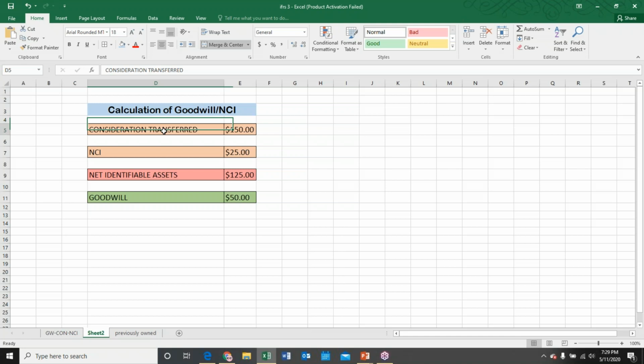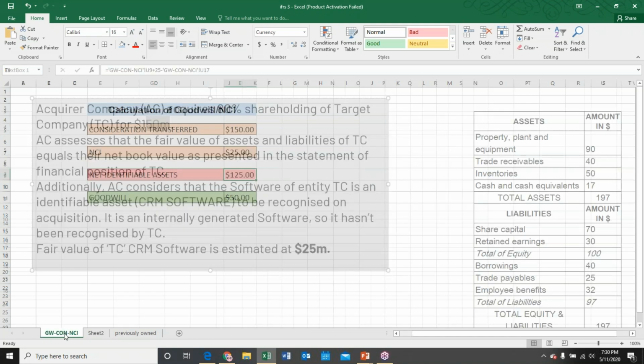Am I going to calculate it? I will take this amount, and from that I have added 25.